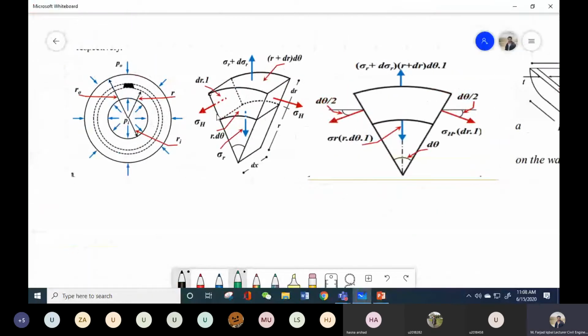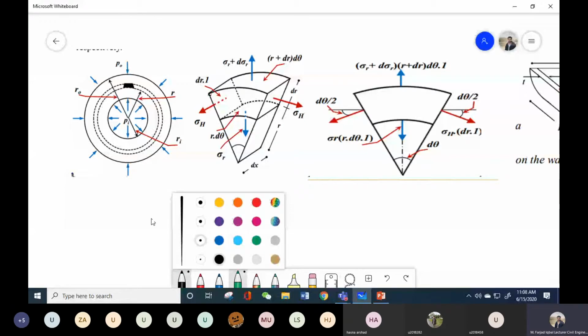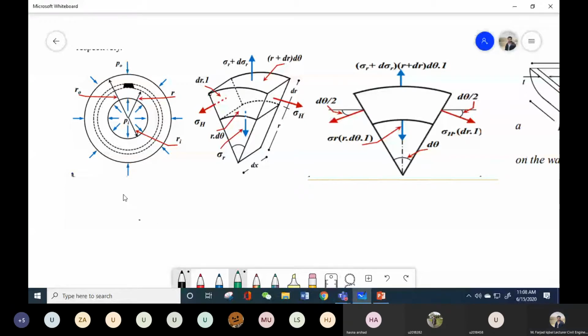Now let's consider that we have this cylinder, which is a thick cylinder, and this is the wall thickness. This is the internal diameter, which has a radius of Ri, and this external diameter has a radius of R naught.